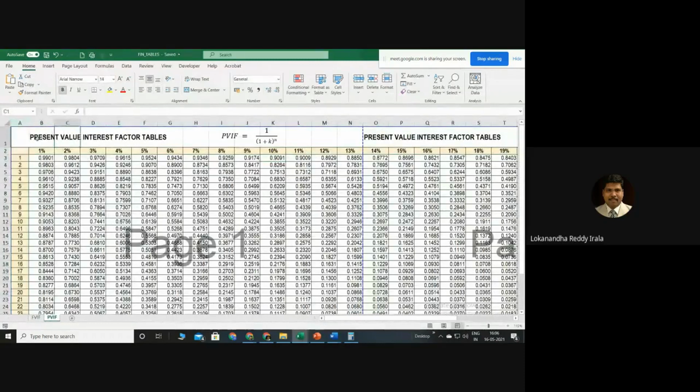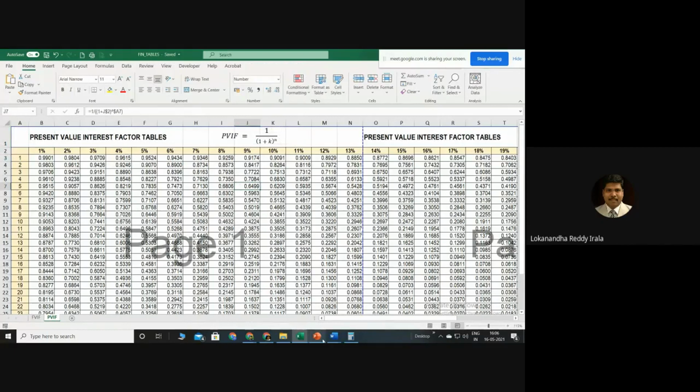You remember the present value formula. Present value is equal to the future value divided by 1 plus k whole to the power of n. So 1 by 1 plus k whole to the power of n, these values for different percentages and for different years are called present value interest factor values.